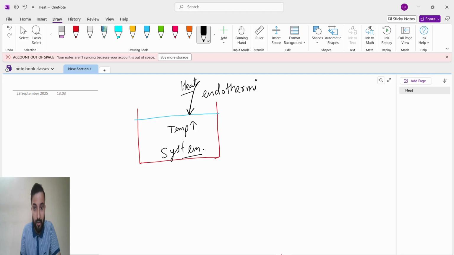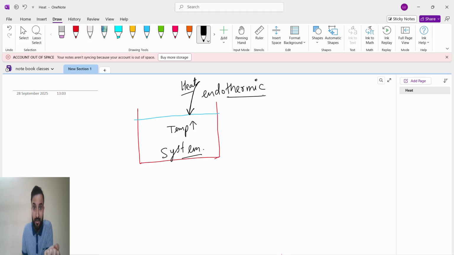It is an endothermic process. Okay, the first condition is what? Heat is absorbed by the system, which means heat is coming inside the system, so it is an endothermic process. And when the heat is inside the system, the system temperature will increase.